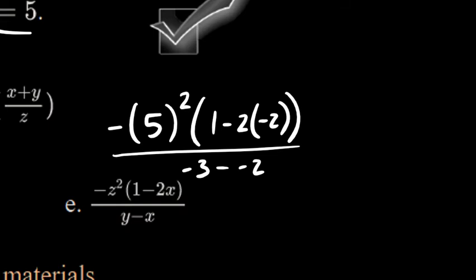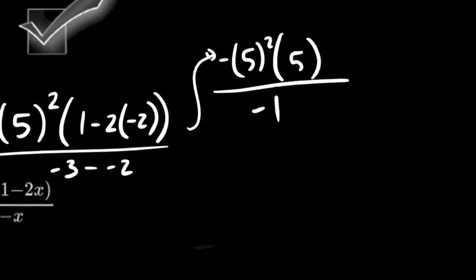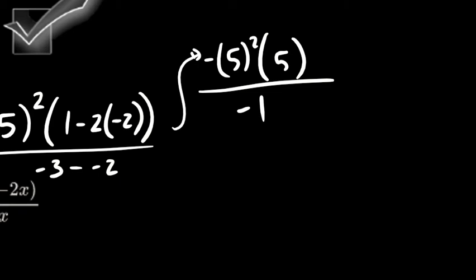So I'm just going to rewrite the opposite of 5 squared times 5 divided by, let's see, negative 3 minus negative 2 would be negative 3 plus 2, which would just be negative 1 in my denominator. So now 5 squared is 25, and 25 times 5 is 125.